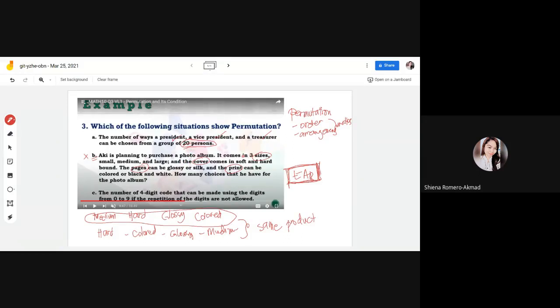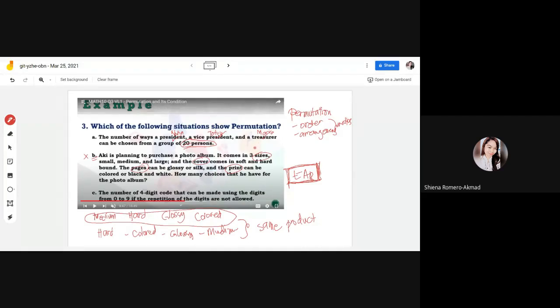Of course, kung ilagay natin si Nena being the president, si Totoy being the vice president, at si Maria being the treasurer, iba yon kapag si Maria ang president, si Nena ang vice president, at si Totoy ang treasurer.